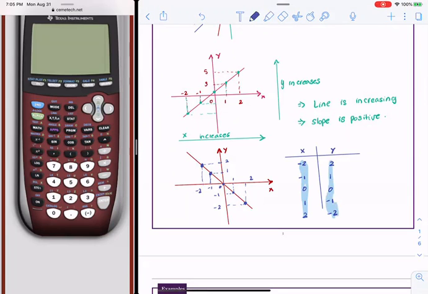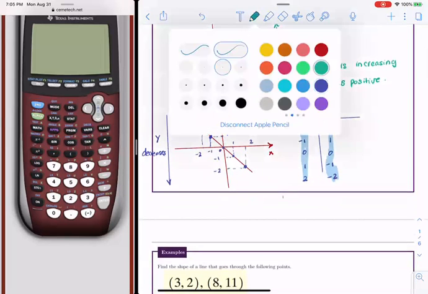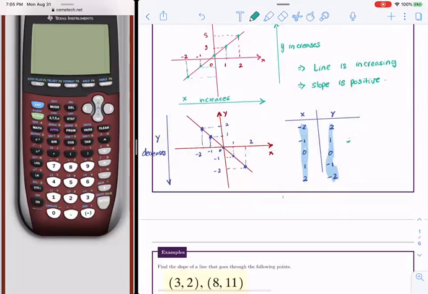So as x increases here, y decreases. So it's behaving in an opposite manner. So here we can conclude that the line is decreasing, and the slope of the line will be negative.